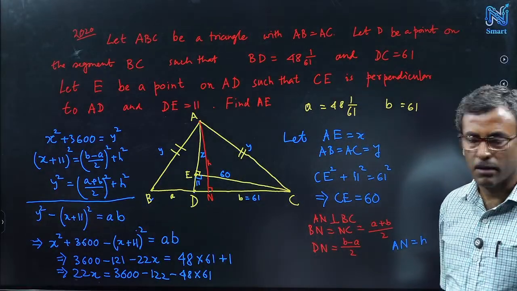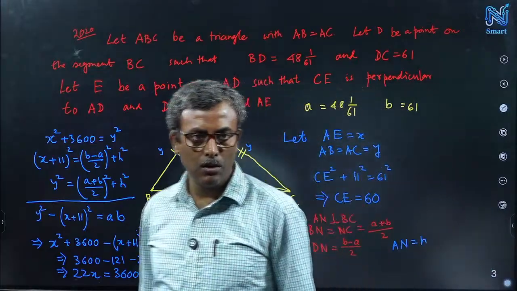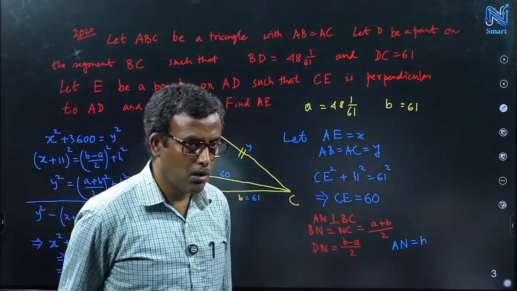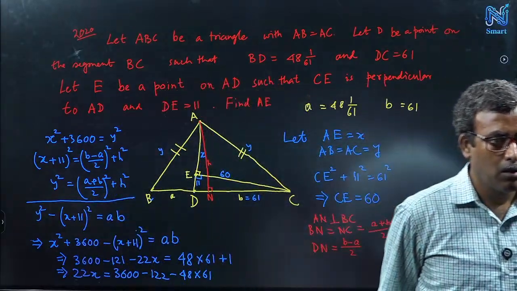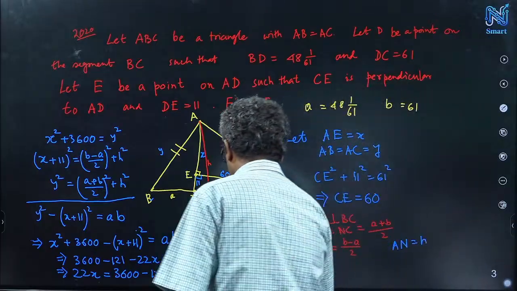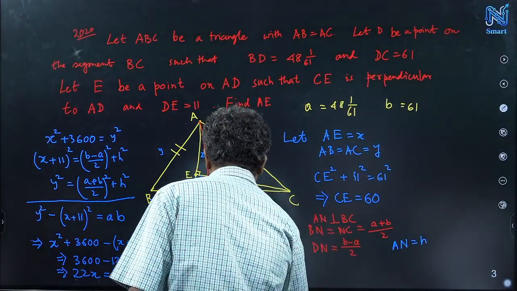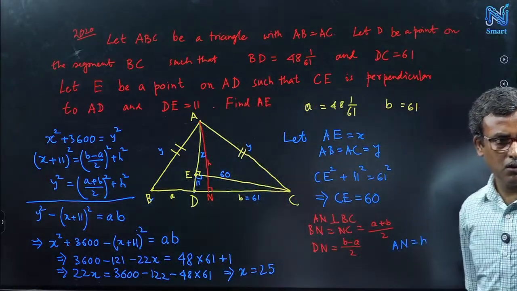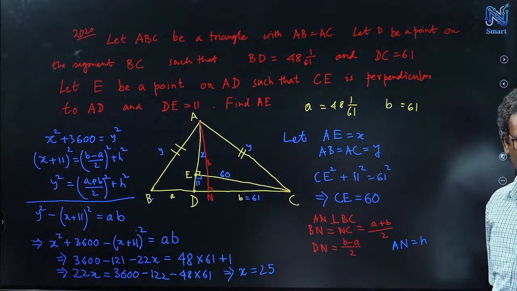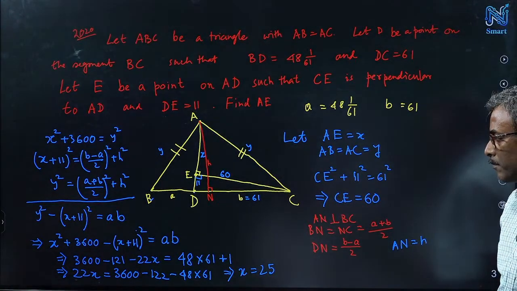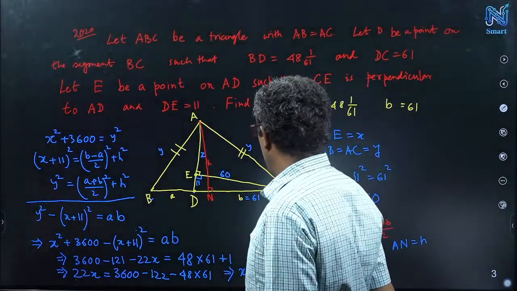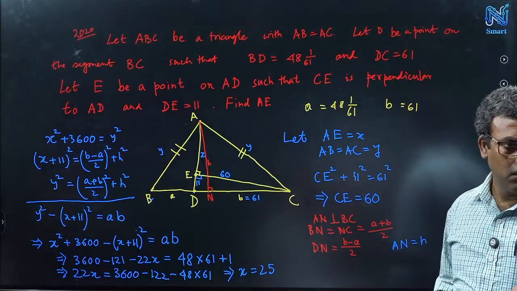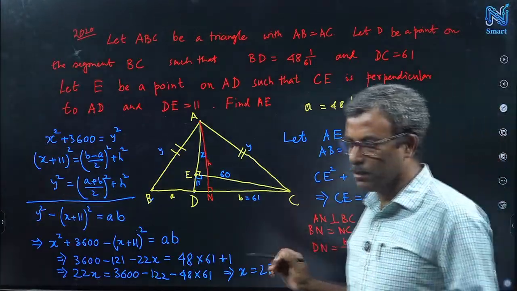So before dividing by 22 it is 550, right? After dividing by 22, it's 25. So it is a simple calculation, but lengthy. It's just using the Pythagoras theorem. Okay.